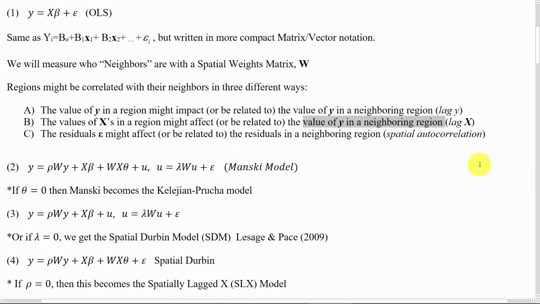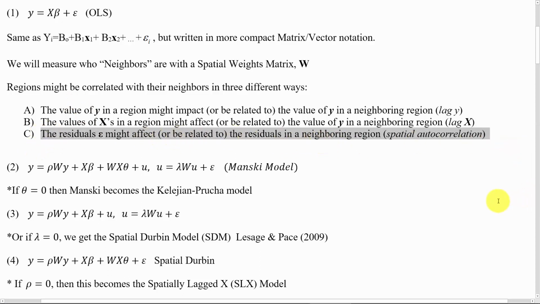Now, a third common way we might think about this spatial neighbor relationship working out is that the residuals in one state might be related to the residuals in another. In time series, this would be what we would call serial correlation, that the values of the residuals are related over time. Here, what we're saying is that the residuals might be related through space.